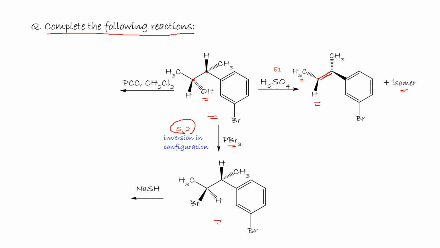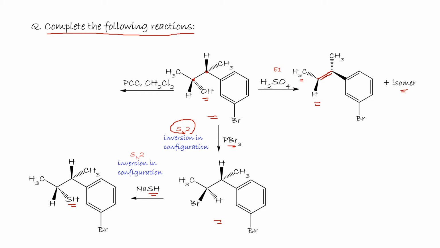When the product here reacts with sodium sulfide or sodium hydrogen sulfide, again the SH will be the nucleophile, and we get this compound, once again with inversion. Inversion twice is retention. That's why the configuration on this carbon will be the same as that one.